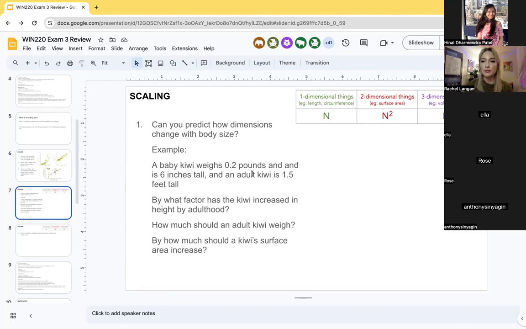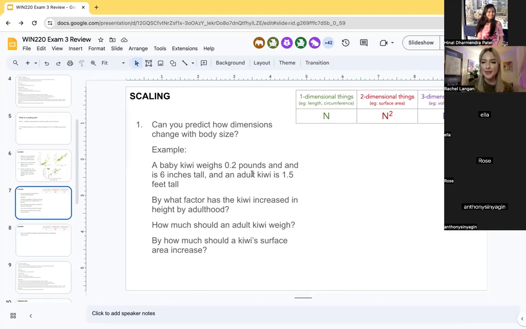I think you can calculate it. Because you're given mass, you can use the relationship between surface area and mass to determine the surface area for the adult kiwi. So it'd be like the surface area of the baby. Oh, that's true. You could do that. That would be tricky.